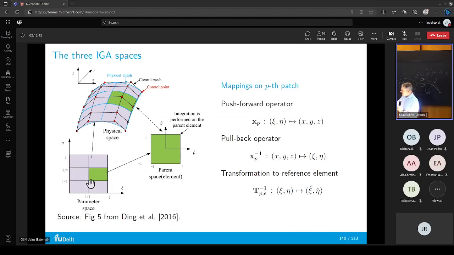This is an xi i plus 1, eta j plus 1 element, and back again. So it's just one extra space just for the integration.